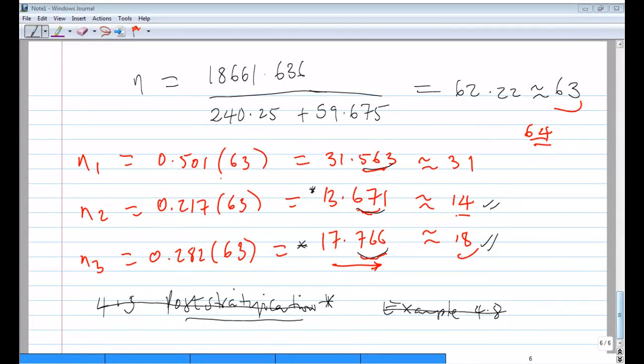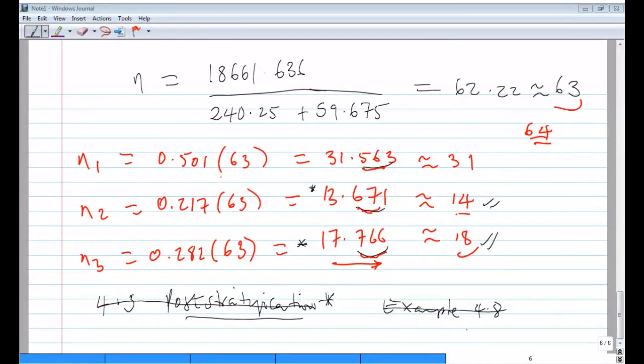And then the same applies to example 4.9. Okay, it's out. So in other words, 4.3 is out. Example 4.8 is out. We're not going to do those things. Okay, you have to take note of that.